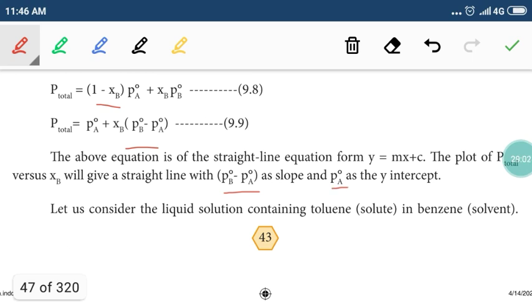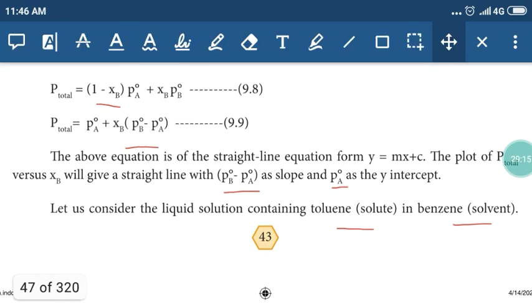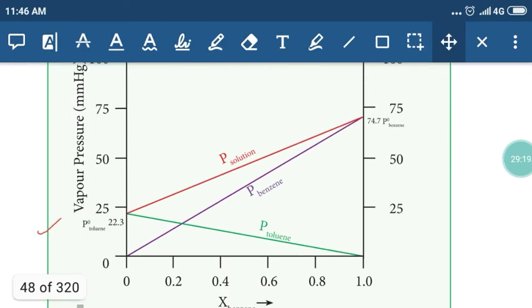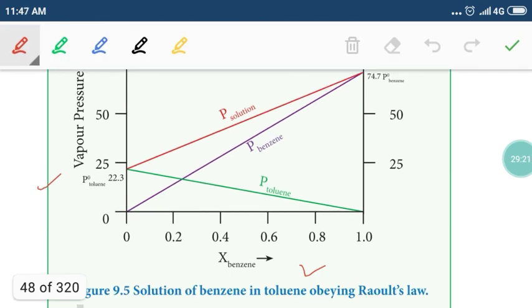Okay. So an example is given. For liquid solutions, an example is given. Solute is toluene, solvent is benzene. By mixing these miscible liquids, we will get liquid solution. For this, we may draw a graph. We will get a straight line. So this is the variation of pressure with the mole fraction of solution for solvent benzene as well as solute toluene.